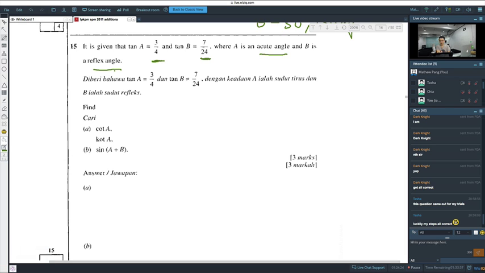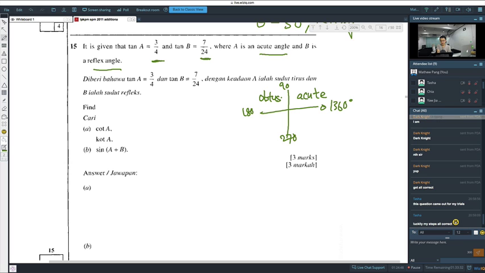For this kind of question, first you have to understand what is an acute angle and a reflex angle. If you have the triangle, angle between 0 to 90, 90 to 180, 270, 360. 0 to 90 we call acute angle. 90 to 180 we call obtuse angle.